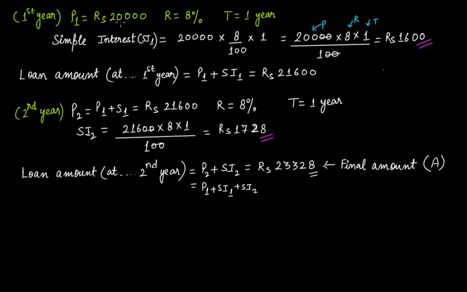It means that this amount plus this interest is actually the final amount. That's what we have done here, right? So this is the final amount.